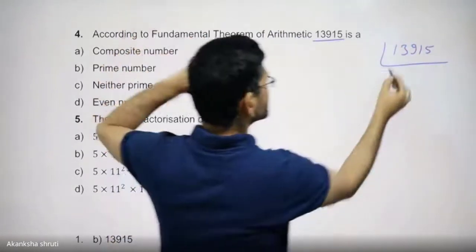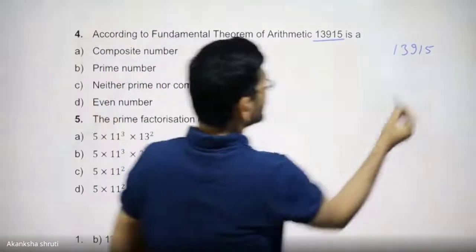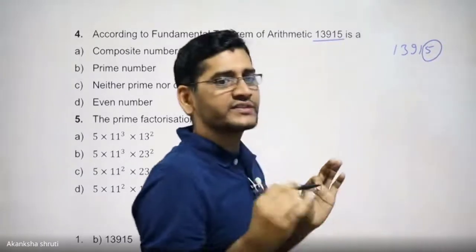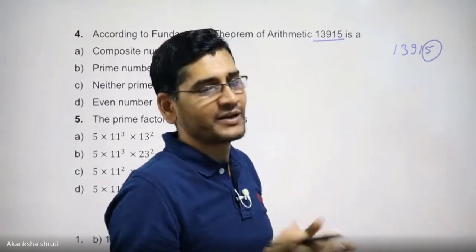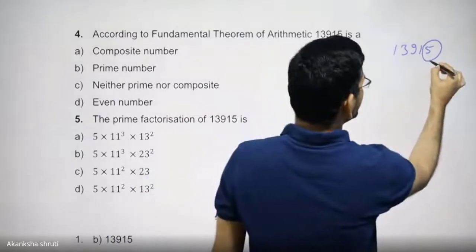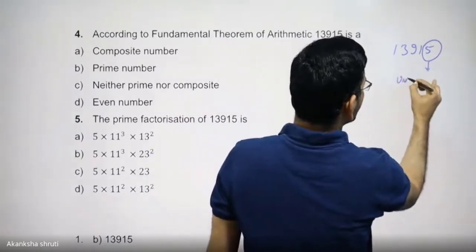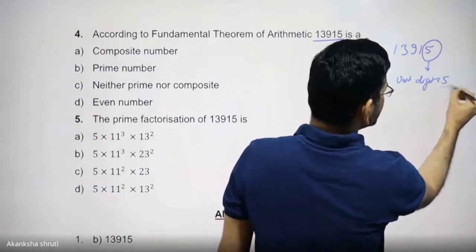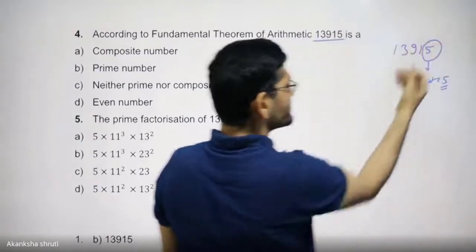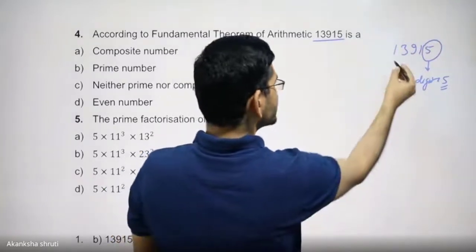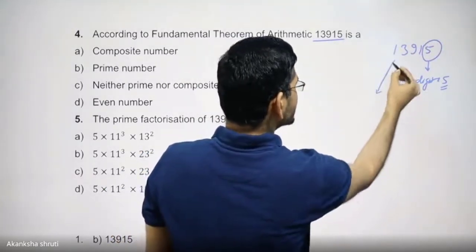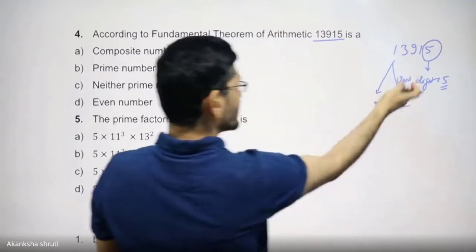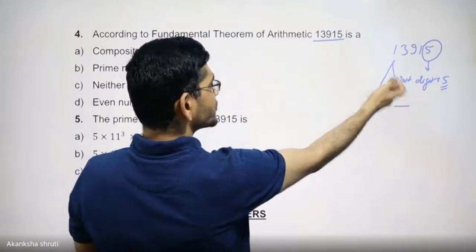Students, just by observing, we are getting that. The very first thing is to observe the unit digit to know whether it is even, odd, or divisible by 5. So here, unit digit is 5. This is possible only if the number is divisible by 5. So this can be written as the product of 5 into something. Therefore, no need to calculate or write the product of what.